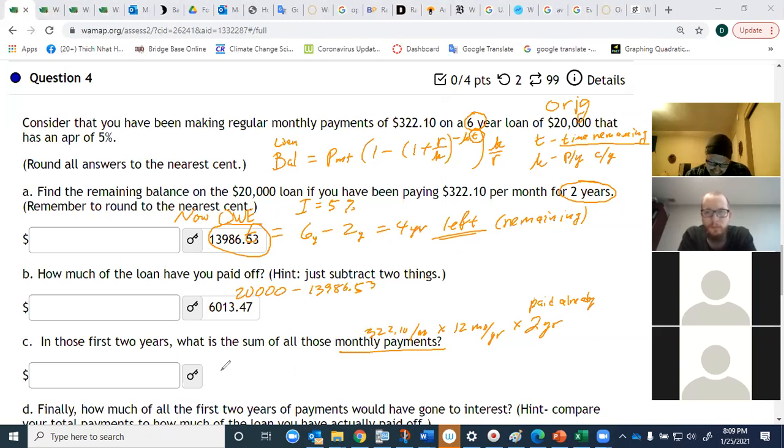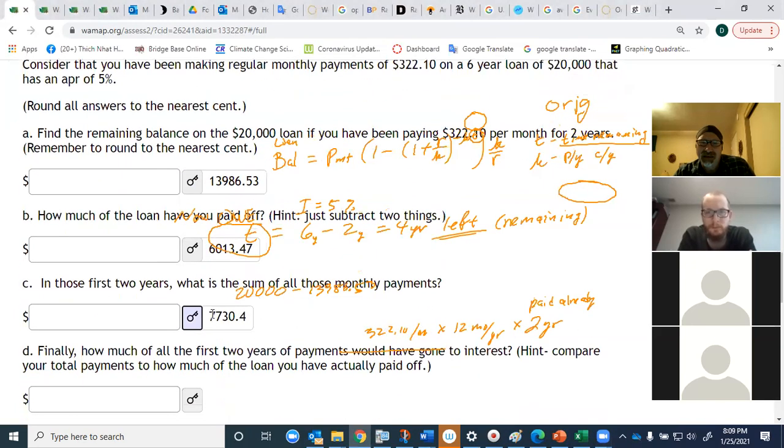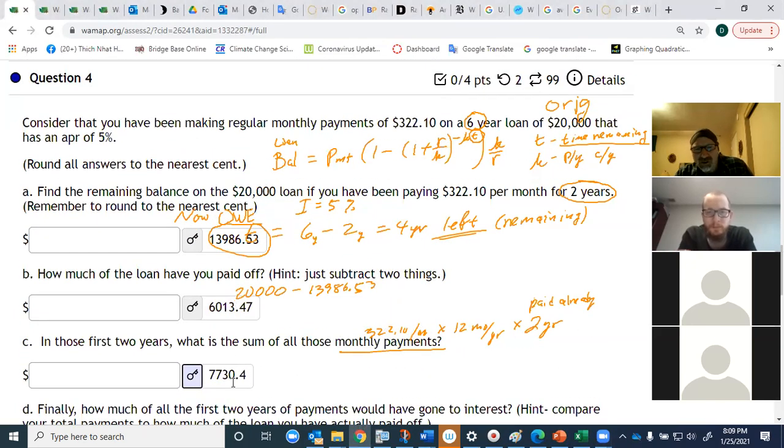That turns out to be 7730.4. That means you paid 7730, and most of it went to principal. They didn't make a lot of interest because it's only a $20,000 loan, 5% is not a real high interest rate, and it's only been 2 years.